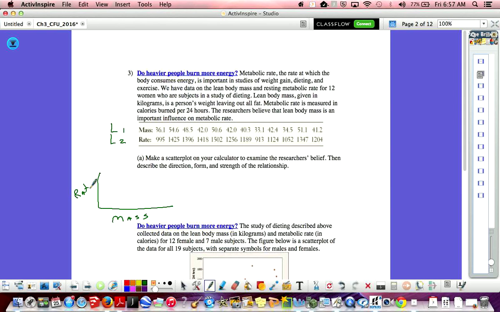Now since it says to do it on the calculator and it doesn't say to draw a sketch, I still am going to draw a sketch. You won't be required to unless it says to do one by hand. But I want to show you how you do this on the calculator.